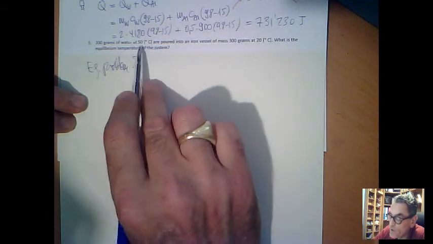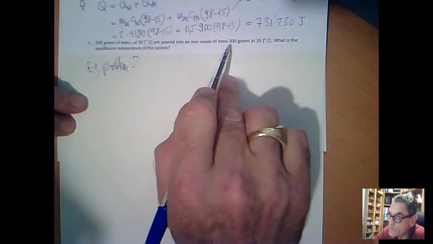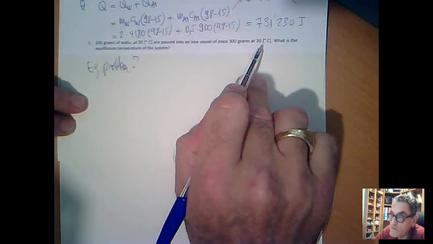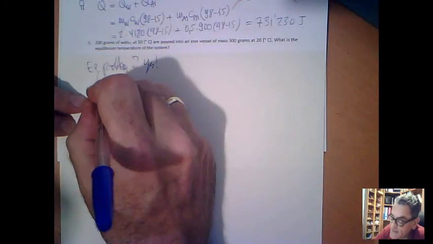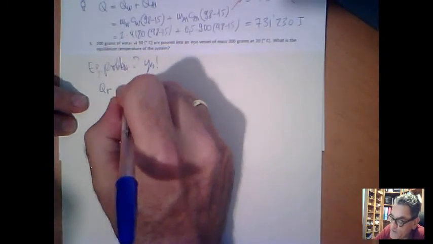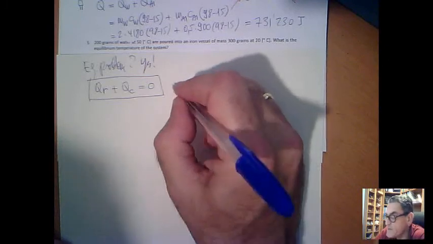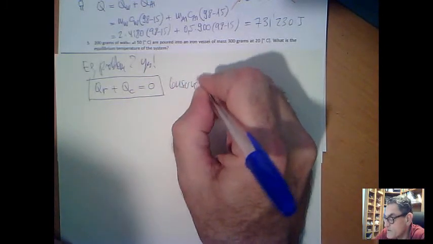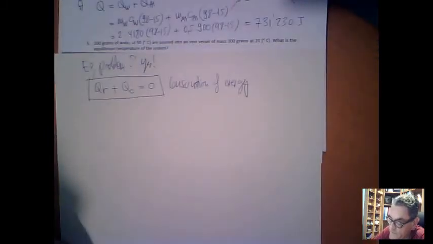And so the water, which is at 50 degrees, is going to lose thermal energy to the iron, which is at 20 degrees. Okay? So here, the answer is yes. And we have this Q received plus Q ceded is equal to 0 equation, which is the very basic equation expressing conservation of energy. Okay? You want us to do it together?